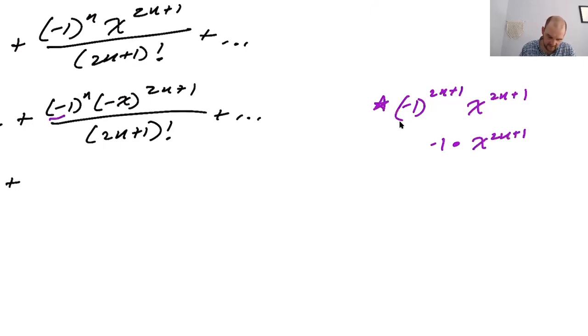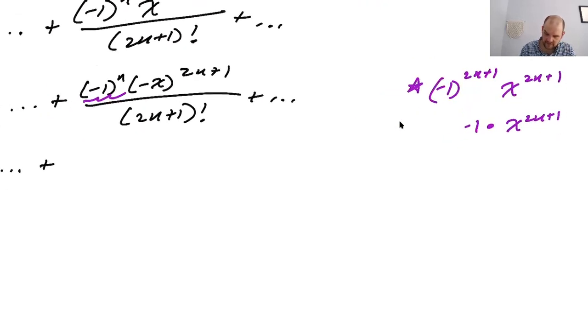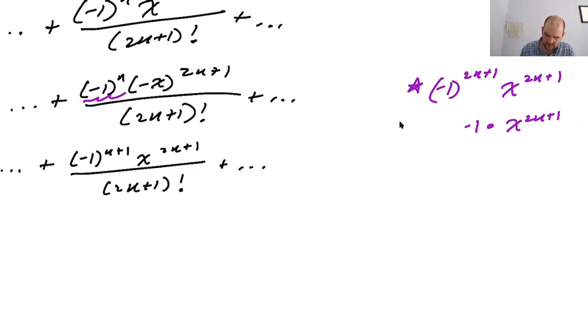But there's still this negative 1 here. So we end up with negative 1 to the n times negative 1 to the first, which is negative 1 to the n plus 1, which means that this just has the opposite signs everywhere, and then x to the 2n plus 1 over quantity 2n plus 1 factorial plus dot dot dot.